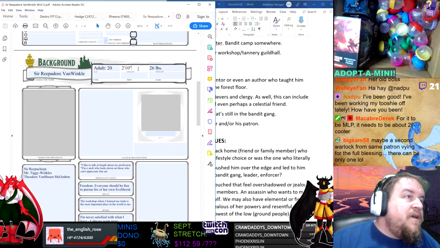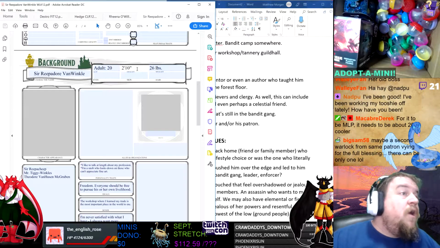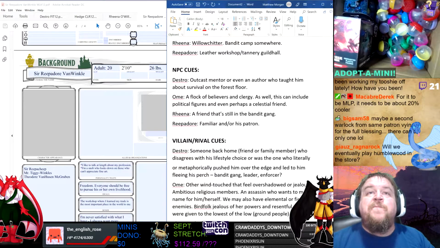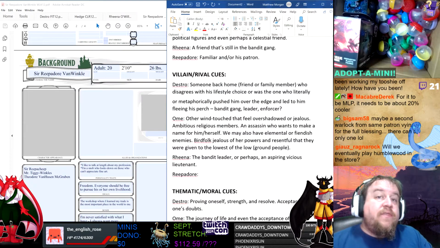Incrementalism. Big Sam, maybe a second warlock from the same patron vying for the full blessing. Oh, hey, that's an excellent boom right from the side. So this could be a villain.